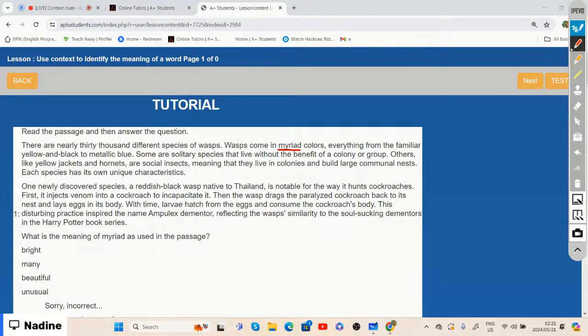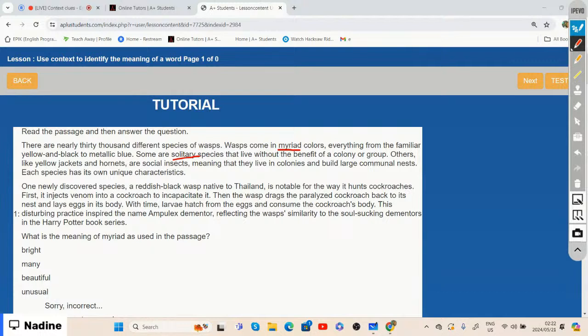Everything from the familiar yellow and black to metallic blue. Some are solitary species, some live within the benefit of a colony or group. Each species has its own unique characteristics. A newly discovered species, a reddish black wasp native to Thailand, is notable for the way it hunts cockroaches.